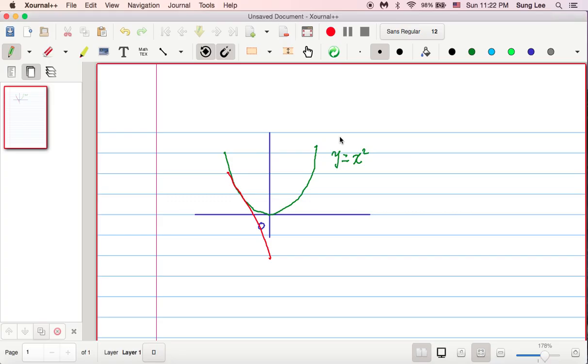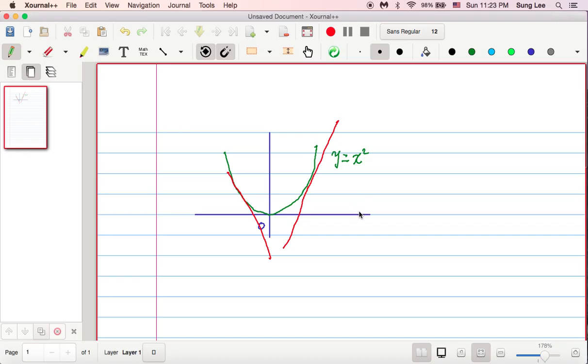Okay, and likewise, on the right side, if you pick any x on the interval from 0 to infinity, and consider the tangent line at that point, you see that the slope of the tangent line is always positive.